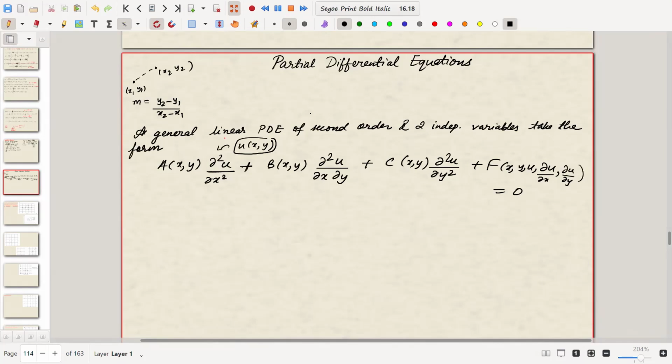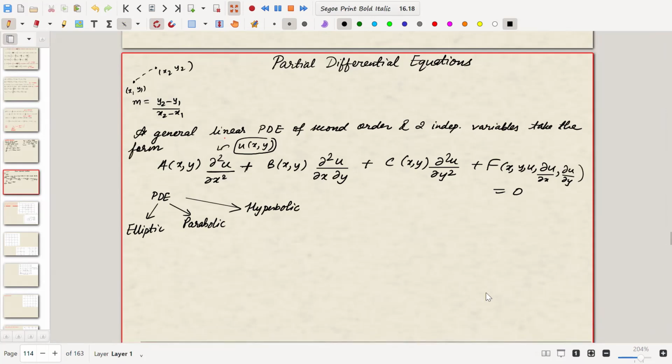I hope you already know that any kind of PDE can be classified into three types: elliptic, parabolic, and hyperbolic.